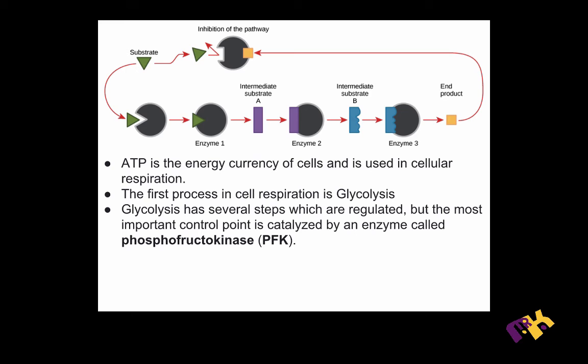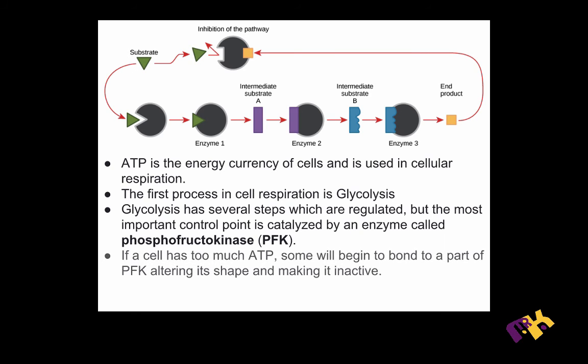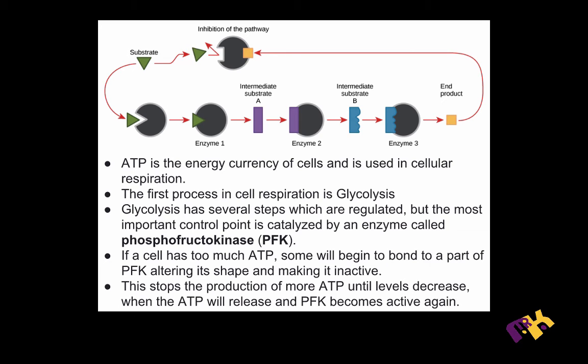It's a very effective way to control the function and production of a product through some sort of enzymatic reaction. Now, this is just one example of many where we can shut down pathways. There are other spots in our cell respiration pathway that can shut things down, just like this.